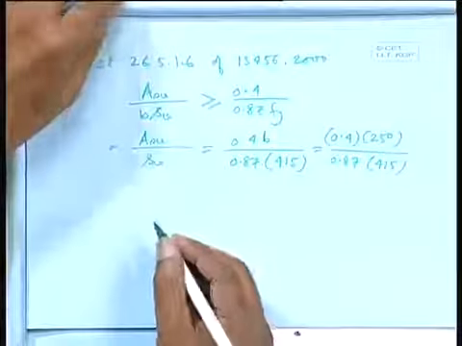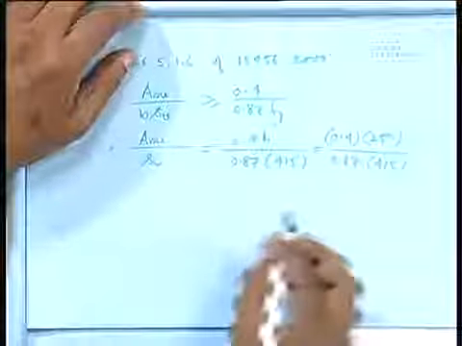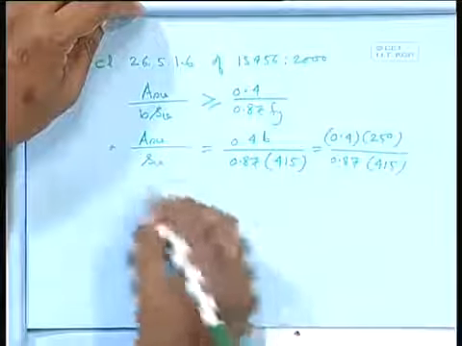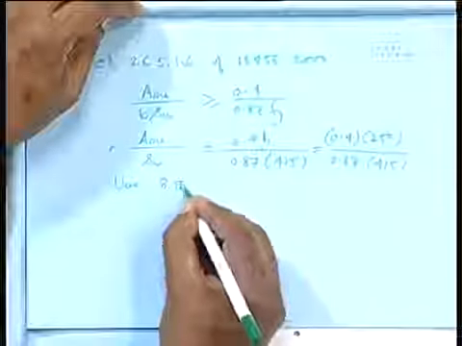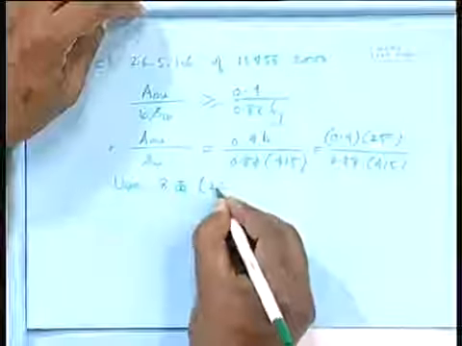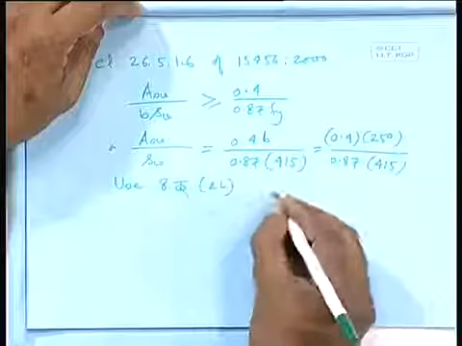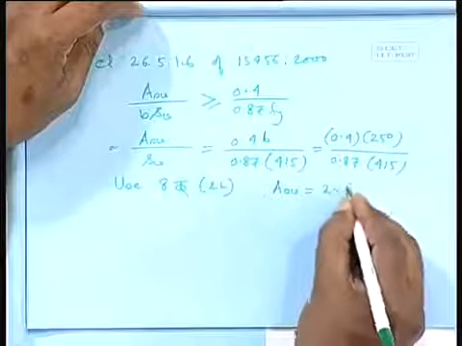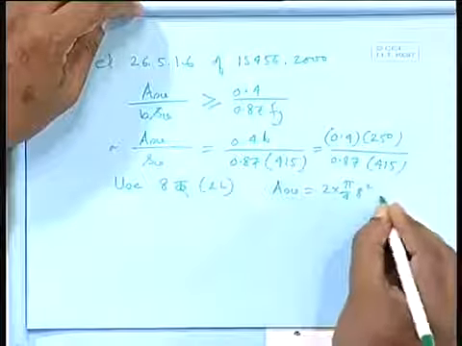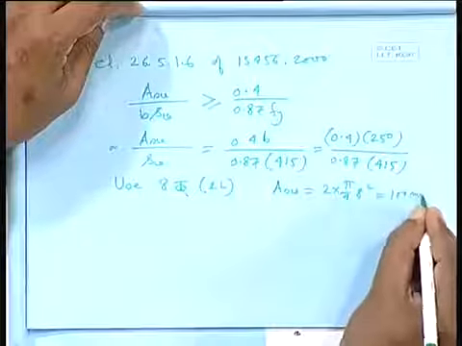So let us use 8 torr two-legged. So, ASV equal to 100 square millimeter.